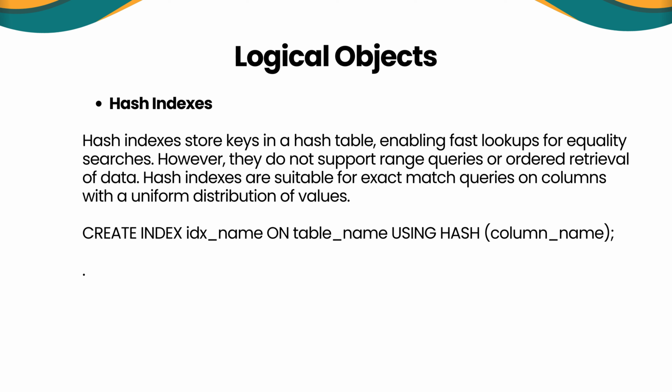Then we create an index: CREATE INDEX, the index name, ON users USING hash (email). If we want to search, just like SELECT * FROM users WHERE email equals the email address, we will get better performance if we use the hash index in this scenario. So a hash index in PostgreSQL provides an efficient way to handle equality queries, potentially offering better performance than the B-tree index for such use cases.